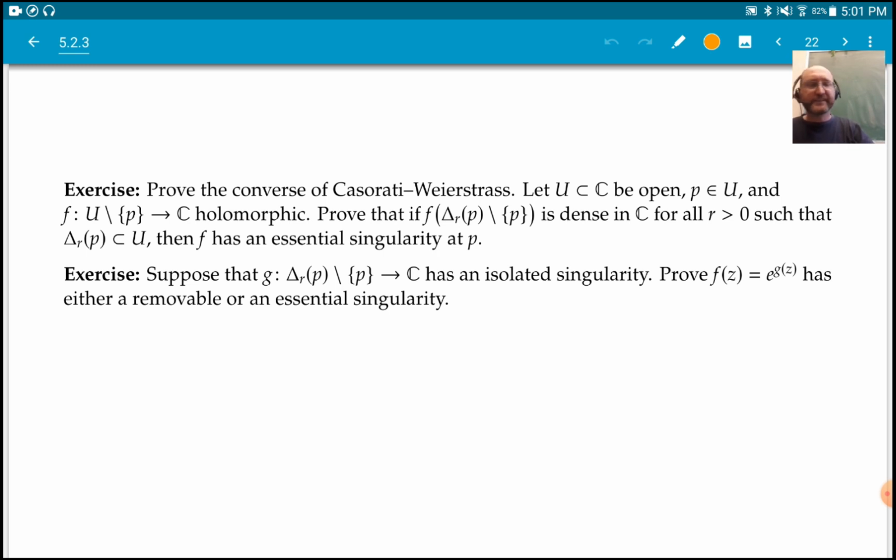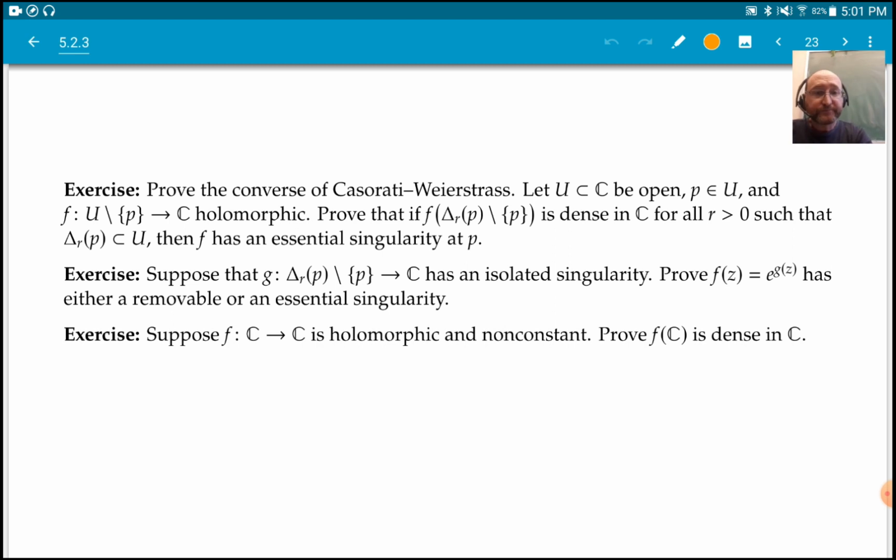It's either an essential singularity or it's a removable singularity. Those are the only possibilities, and it's essentially because if G had a pole, then you would actually have an essential singularity, and if G had an essential singularity, then you have to prove that will still give you an essential singularity.